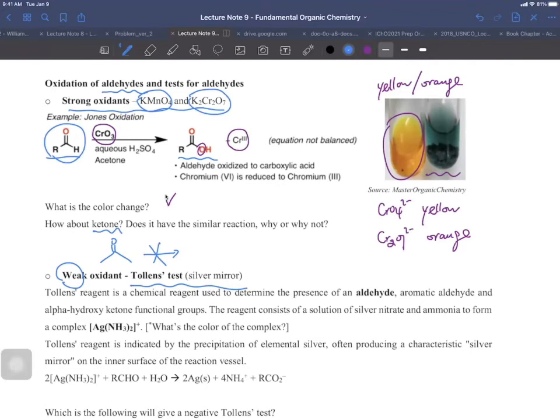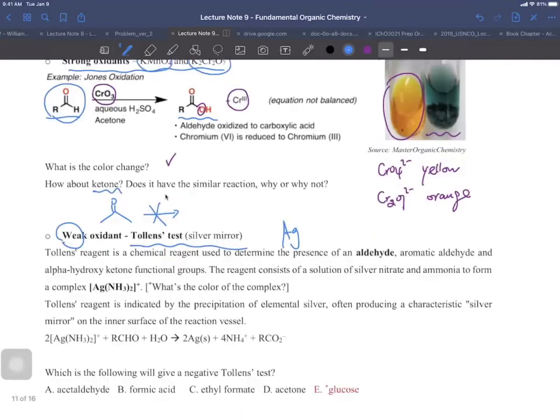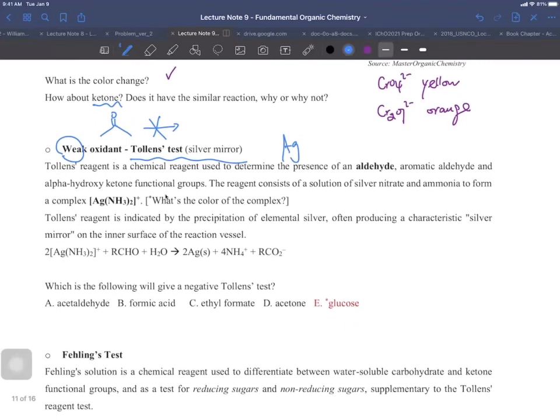Basically, there will be a very thin layer of silver metal deposited on the internal wall of the glassware, such as a test tube or a beaker or any other glassware used as a container of the reaction. So what is the weak oxidant here? It is a complex we discussed before, the diamminesilver(I) ion.